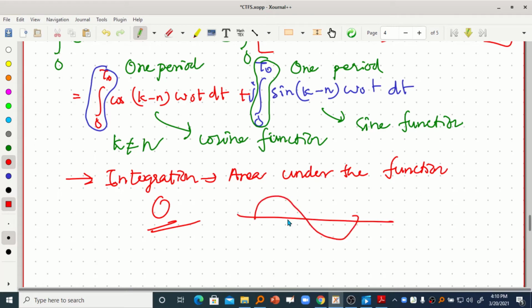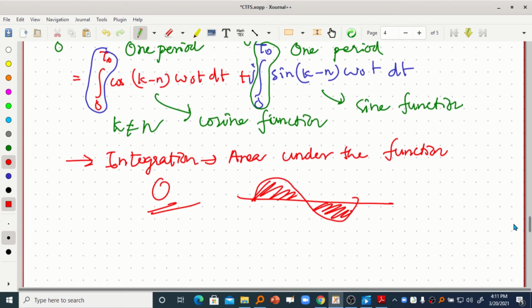Both the sine function and the cosine function have a positive region and a negative region. If you take the area over one period, they cancel each other and you get 0. So that is the condition. When k is not equal to n, this integral doesn't have any value because it becomes 0 for both the cosine and sine waves.